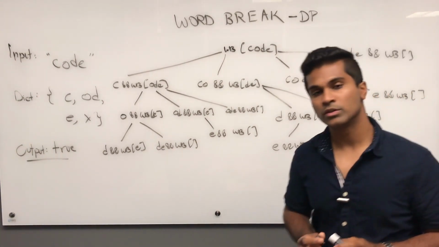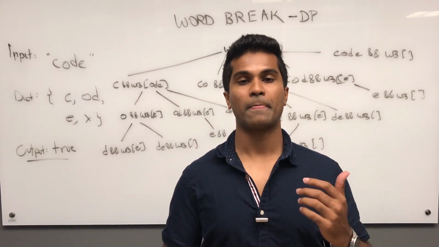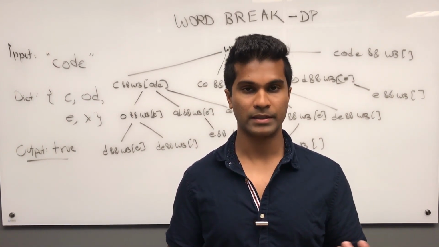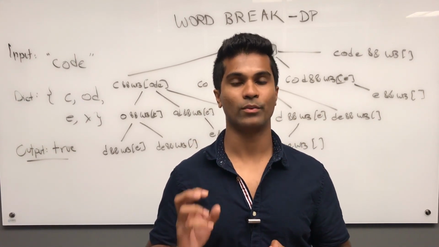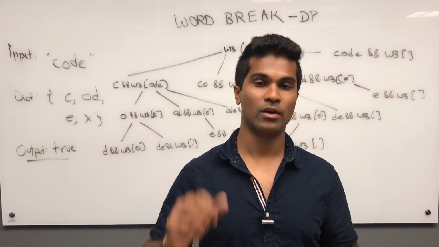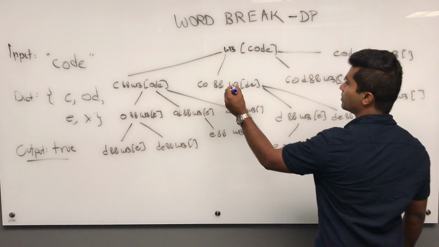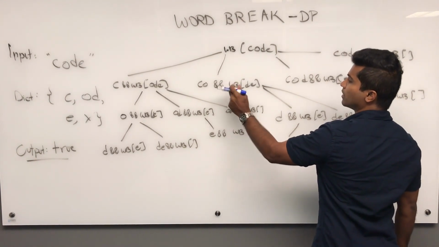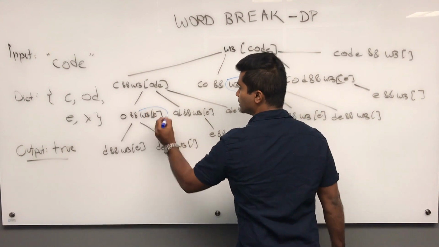So we use this recursive tree to calculate two things. One, we calculate the runtime complexity, and two, we learn how we can use memoization, which is storing the values of the recursive expression where we can reuse it again. So what I mean by that is this word break of DE is actually being done twice here.